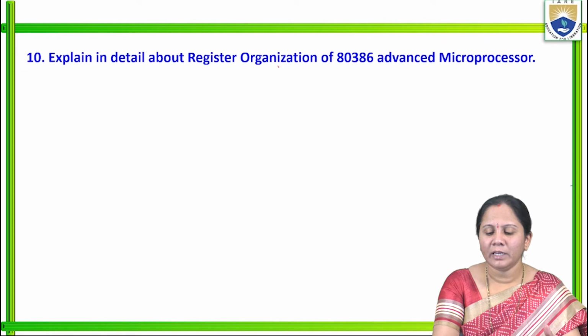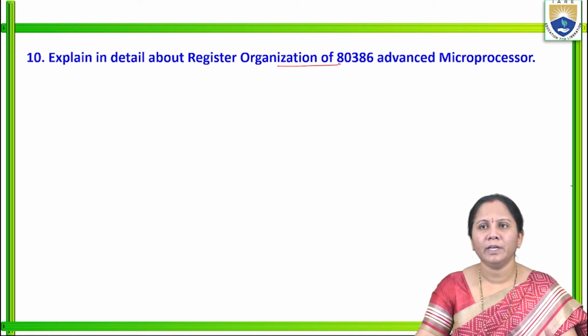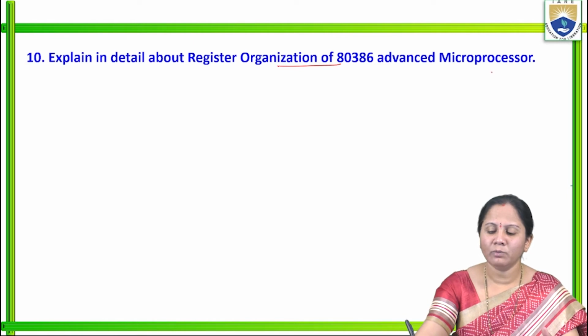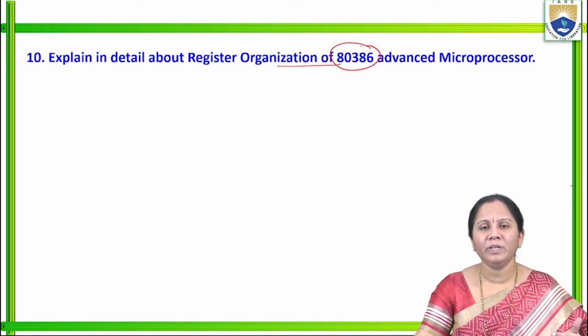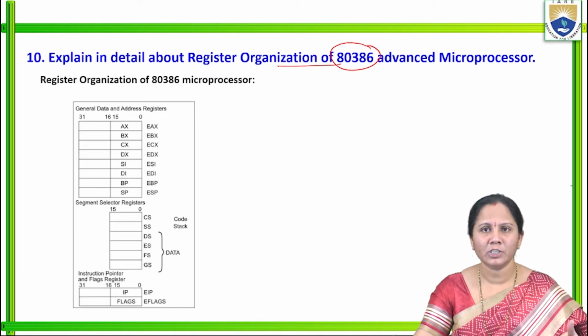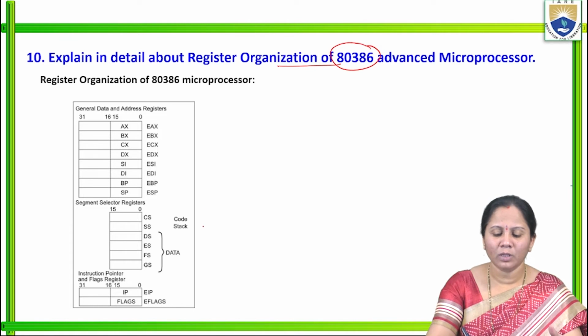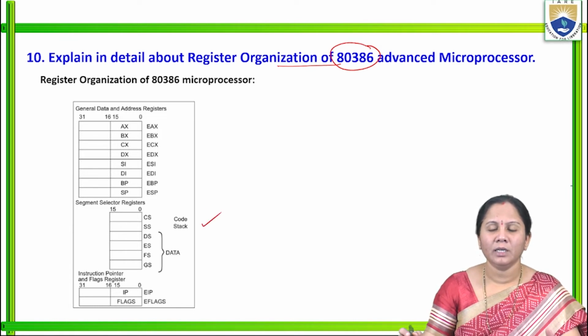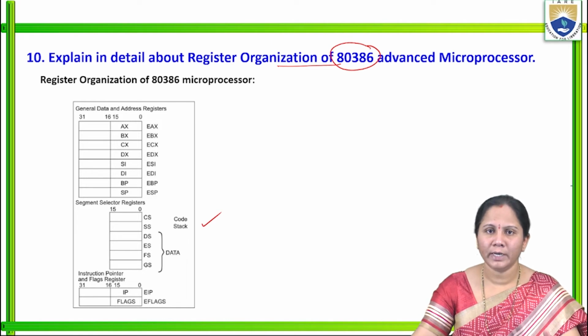And explain in detail about the register organization of 80386 advanced microprocessor. That means we have to say how many registers are there in this 80386 advanced microprocessor. It says the register organization. So totally all these are the registers that are available in the register organization of 80386.